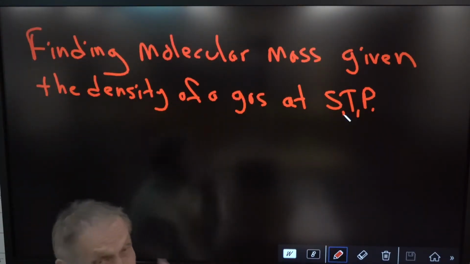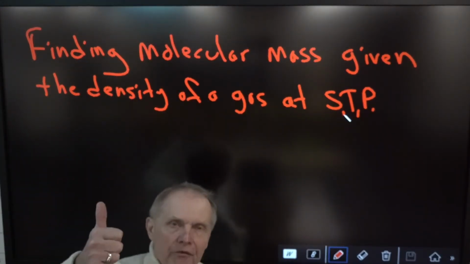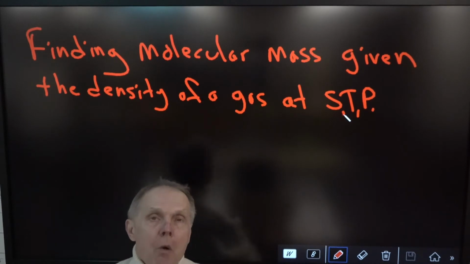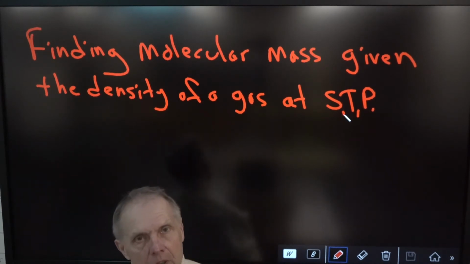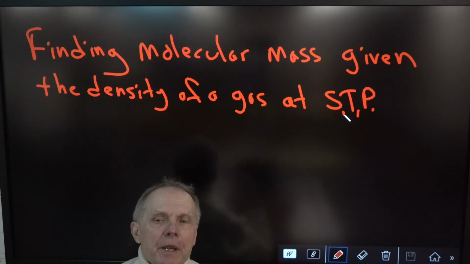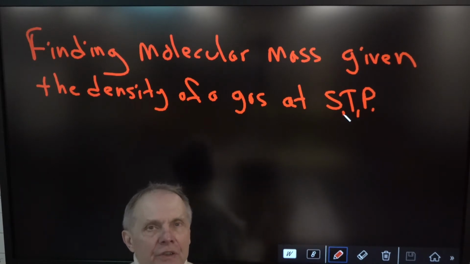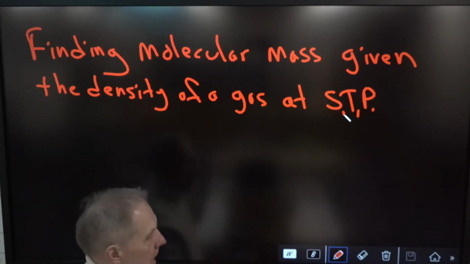Okay, so the next thing we're going to do, remember, empirical formula, lowest whole number ratio. Molecular formula is a multiple. So to find the molecular mass, you can do it this way. So watch.